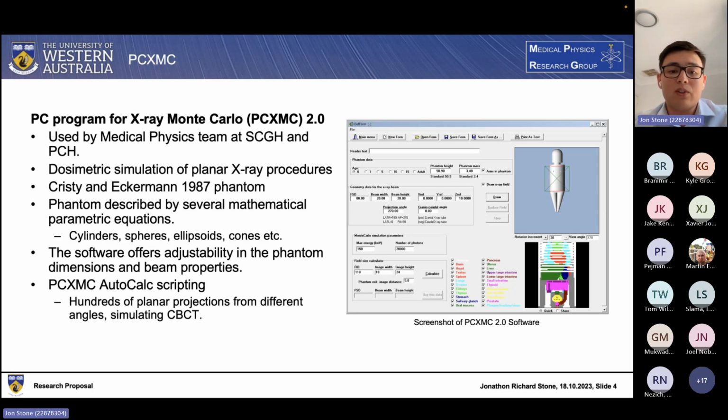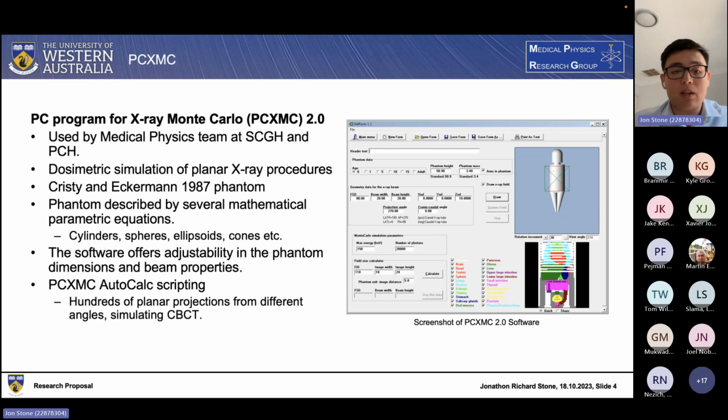The software offers adjustability in the Phantom dimensions. We can see that the Phantom has ages 0, 1, 5, 10, 15, and adult, which scales the Phantom and changes the dimensions of the organs as well. The beam properties of the X-ray can also be adjusted, such as the field size, the energy of the X-rays in keV, and the number of photons, so essentially the mAs.